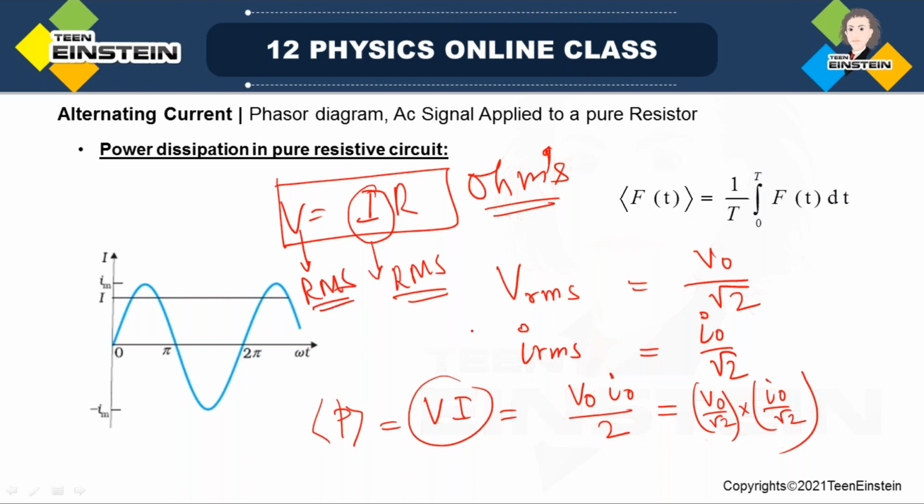So it is valid with RMS values. You'll get the equivalent expression to DC if you use RMS quantities of both voltage and current.